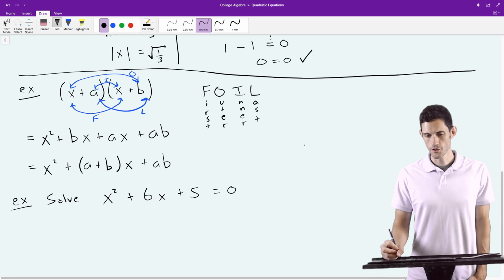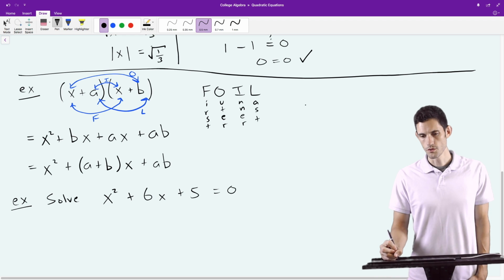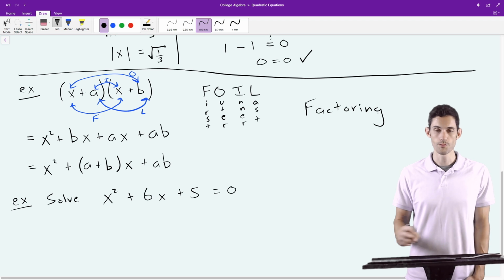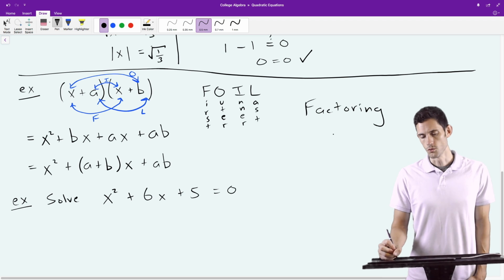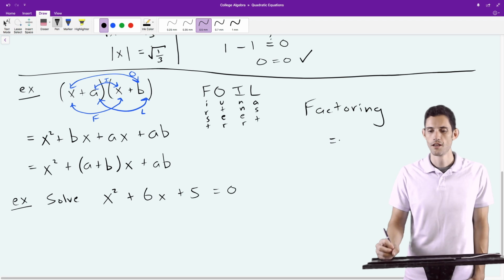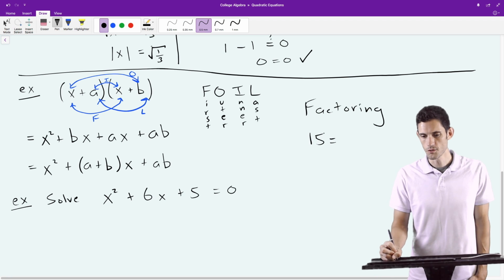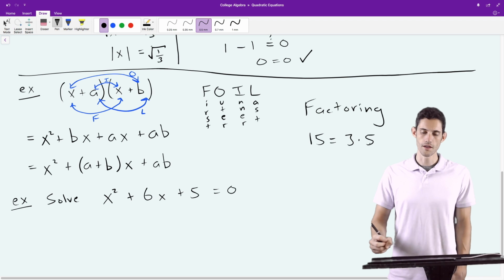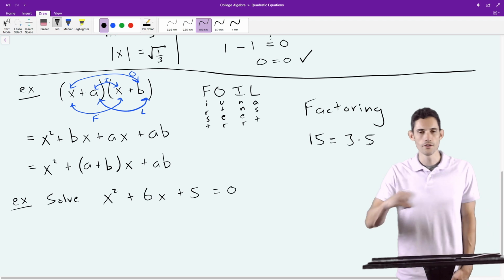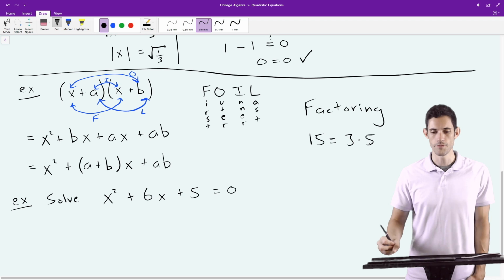Factoring a number means writing it as a product of factors. So 15 is equal to 3 times 5. 3 and 5 are the factors that you multiply together to get you the product called 15.